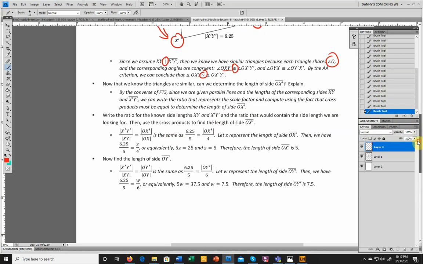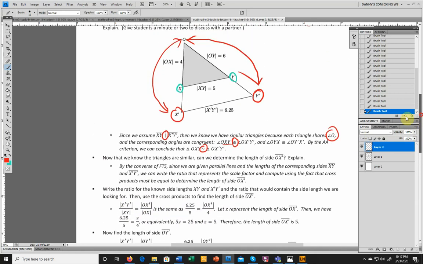So what that looks like is X prime Y prime over XY equals OX prime over OX. If we look up here, OX is equal to 4, OY is equal to 6, XY is equal to 5, X prime Y prime is equal to 6.25.